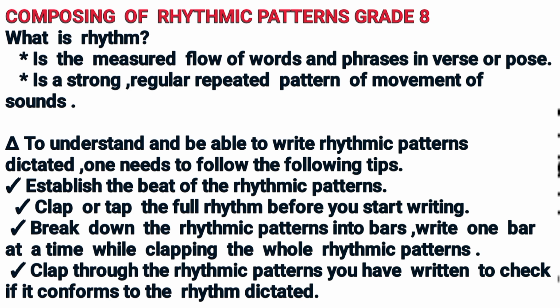When we talk about the beat, we are talking about is it crotchet, is it minim? So establish the beat by studying or sight reading the time signature which you have been given.